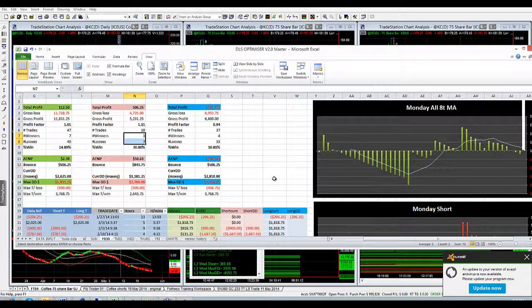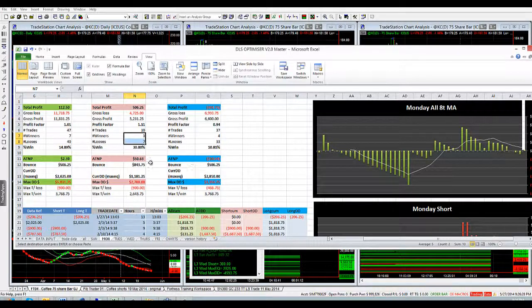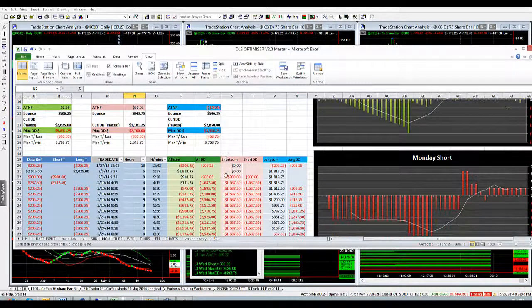Because if you have a look at our average trade net profit, it's making money on the short side, $50 average trade net profit, but on the long side, definitely struggling. So if we combined those two together and traded Monday both longs and shorts, we're doing ourselves a bit of an injustice, because we're not going to make any money at all on the average trade net profit. So that's definitely something we would need to look at.